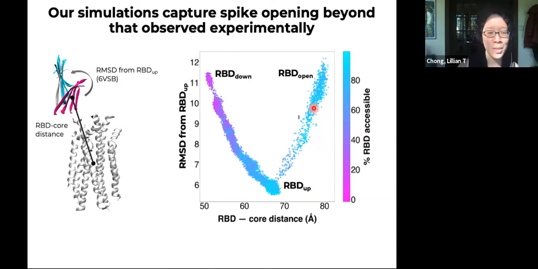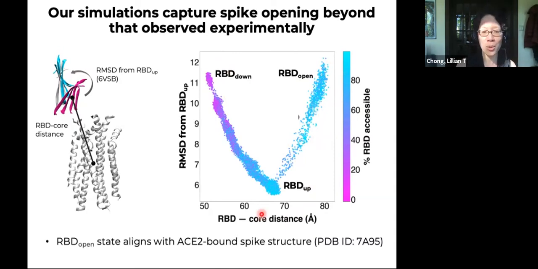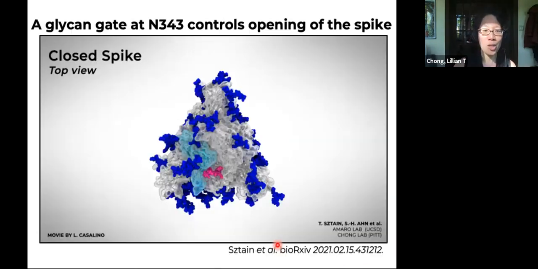And this further open state actually corresponds to the spike conformation that is bound to the human receptor ACE2, so the cryo-EM structure.